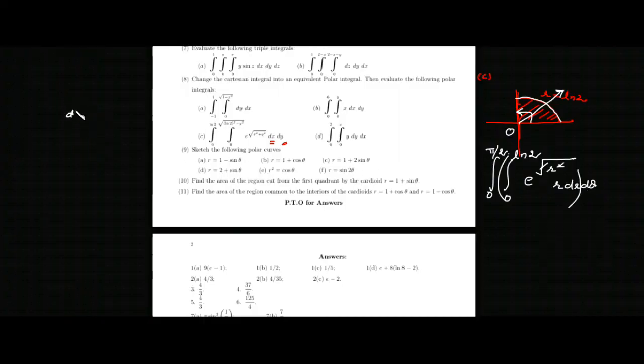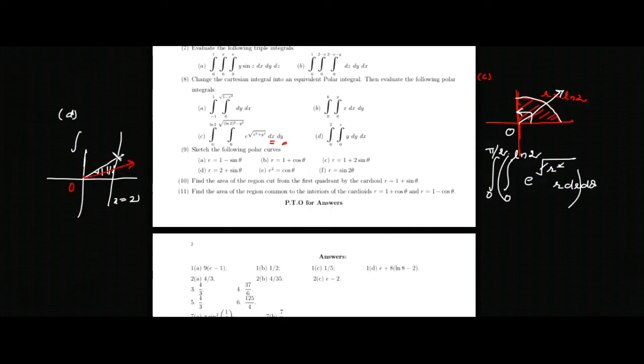Now the D part. Here y is varying from 0 to x and x is varying from 0 to 2. You first sketch the region. So this is the region. Now you take an initial ray.